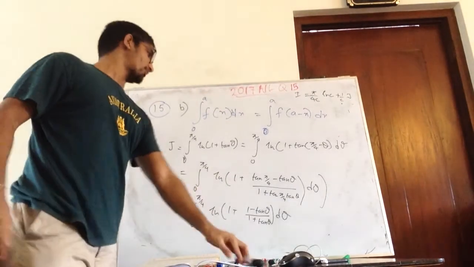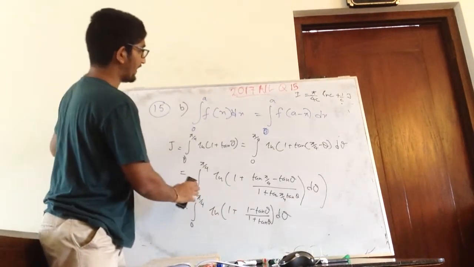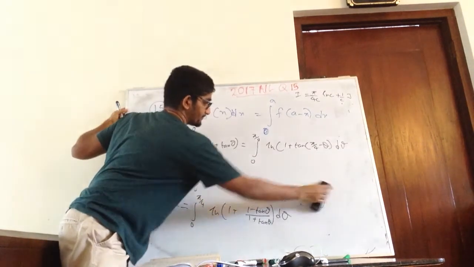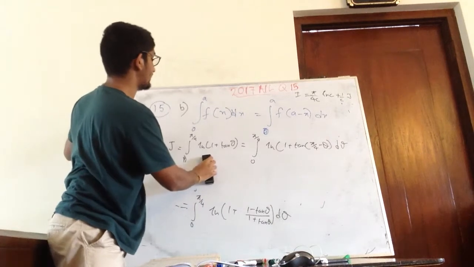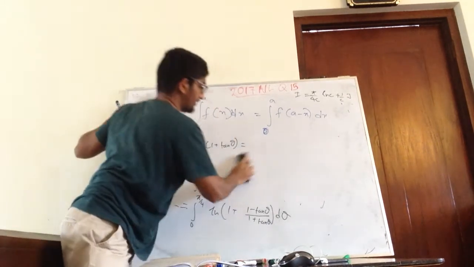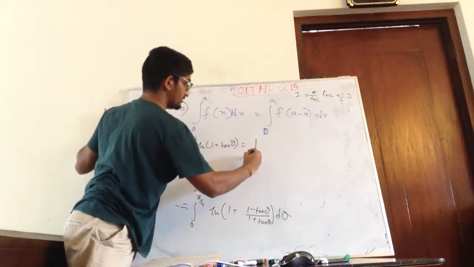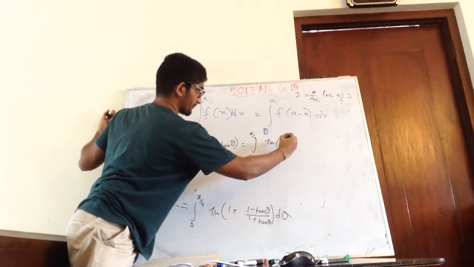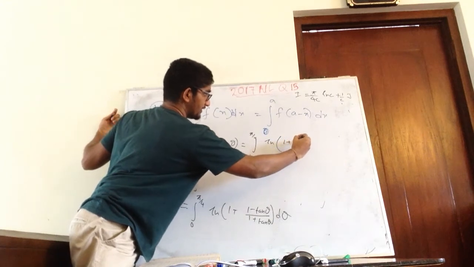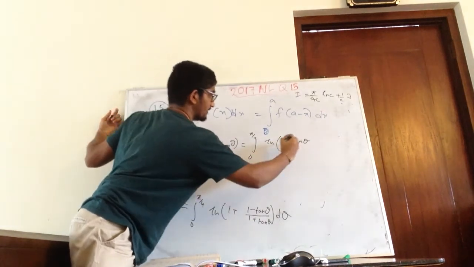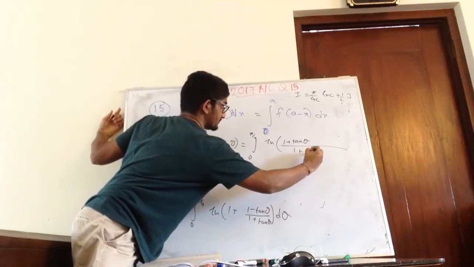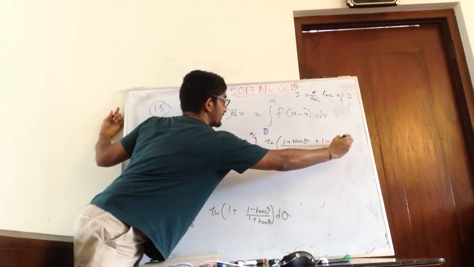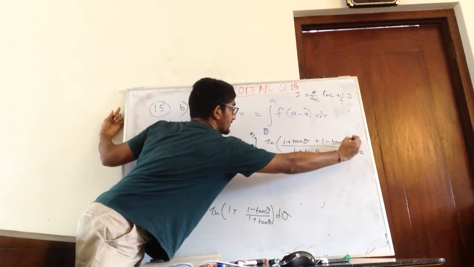Right, so now I'm going to simplify this further. So what will I get? I'll get here 0 to phi over 4 ln 1 plus tan theta plus 1 minus tan theta over 1 plus tan theta d theta.